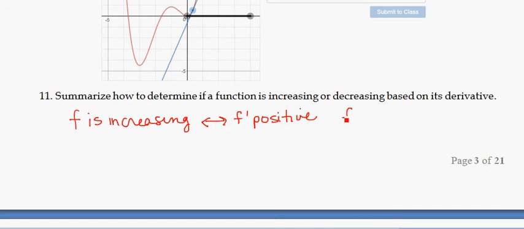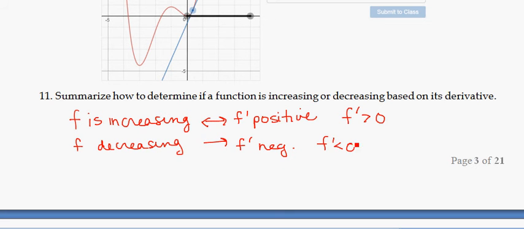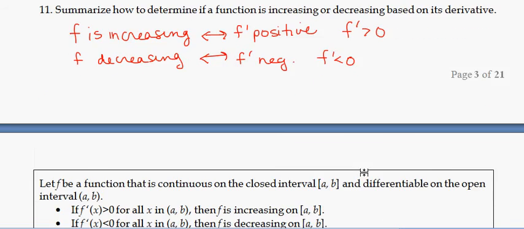Or another way to write this is f prime being greater than 0. If f is decreasing, that's going to lead to a negative derivative, or f prime would be less than 0. But also, if the derivative is negative, that tells us that the function is decreasing. So that relationship we've already seen, and I hope that makes sense to you. If the graph is going up, then its slope is going to be positive.